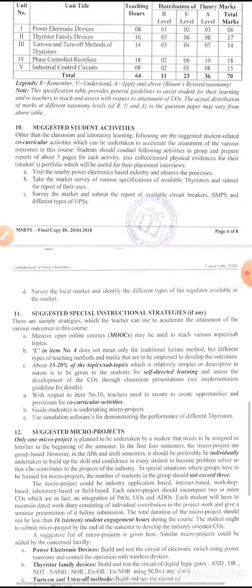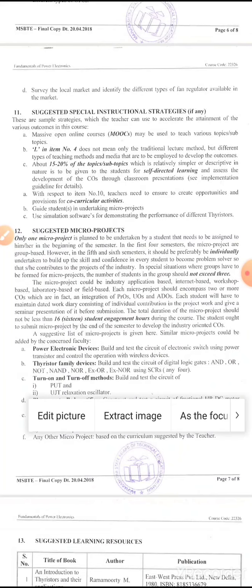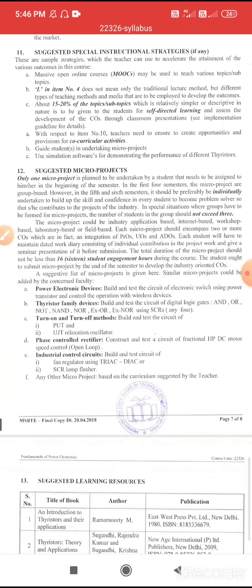Now next are the suggested micro projects. One micro project is planned to be given for the batch, with the batch having 3 students, not exceeding 3. The topics are like this: power electronic devices, build and test the circuit of an electronic switch using a power thyristor. Second is thyristor family devices, build and test the circuit of digital logic gates AND, OR, NOT, NAND, NOR, etc. Third is turn on and turn off methods.